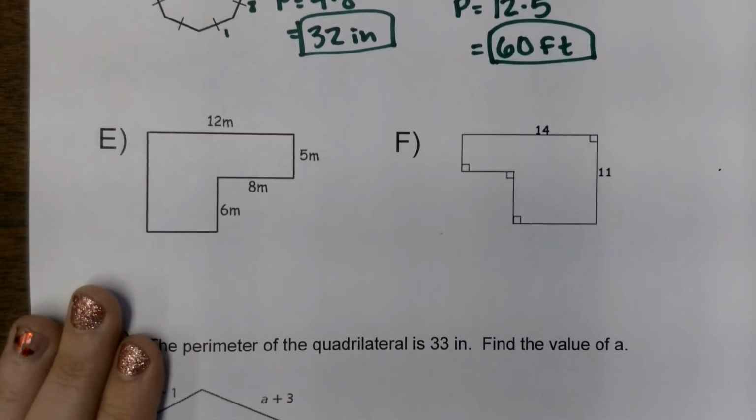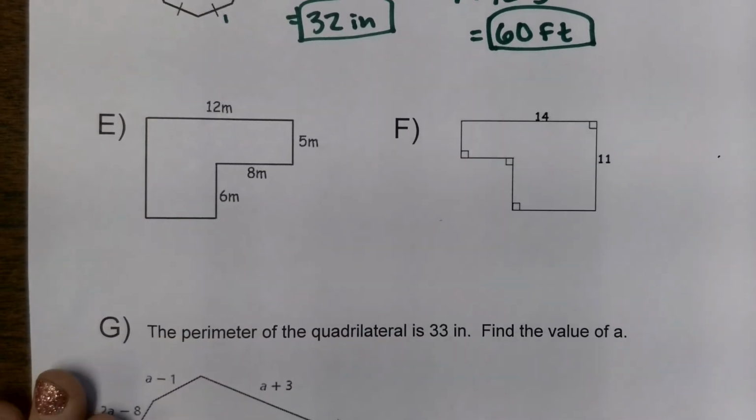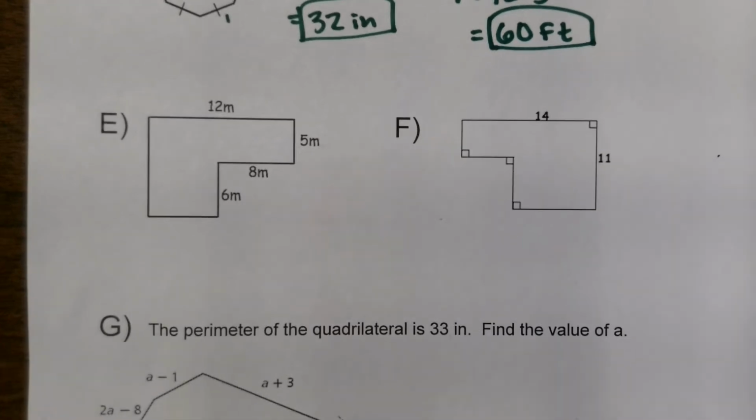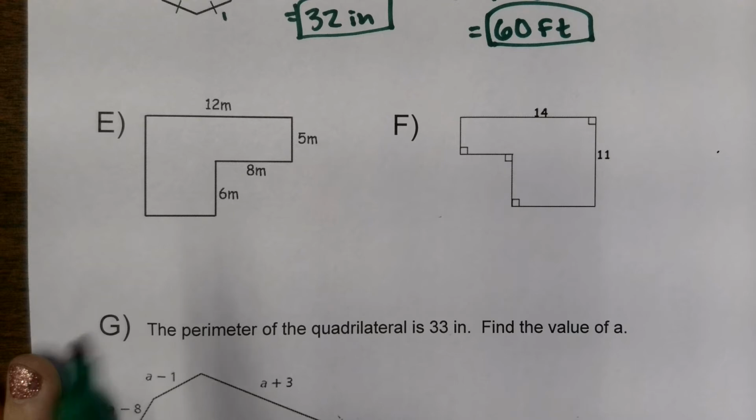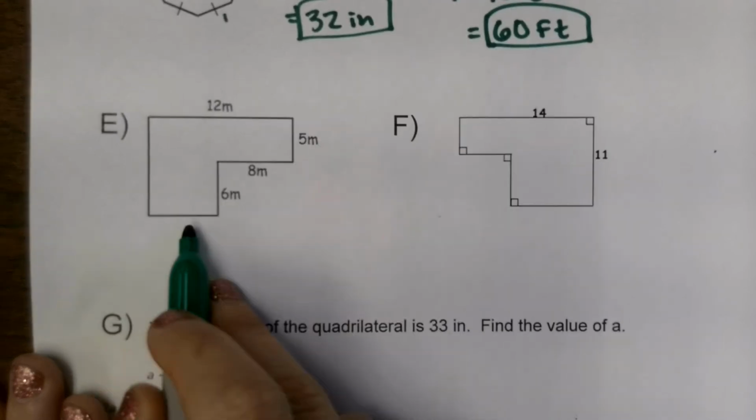So then E and F are a little bit different. Yes, they are made up of rectangles or squares, but we're talking perimeter here, not area. So we're looking at making sure we know the length of every side. So we've seen figures like this before. It was in our very first chapter with segments that it would just ask you like the length of one of these sides.